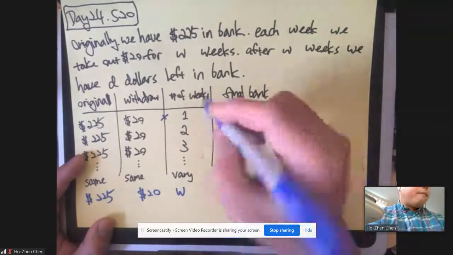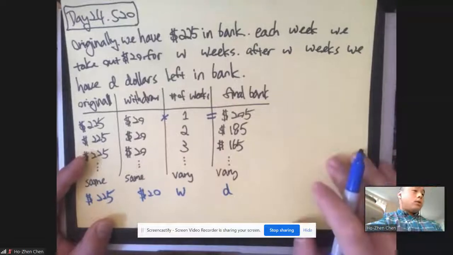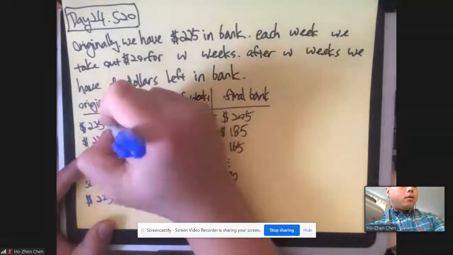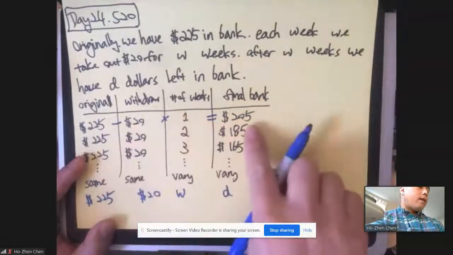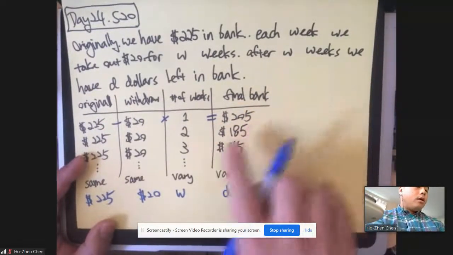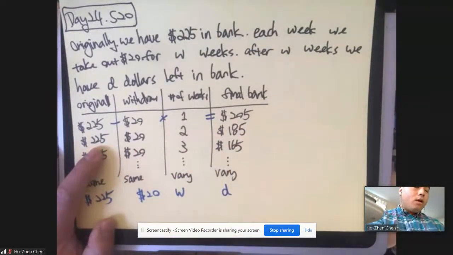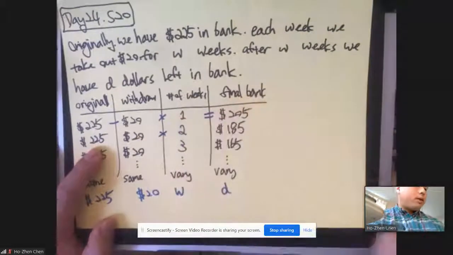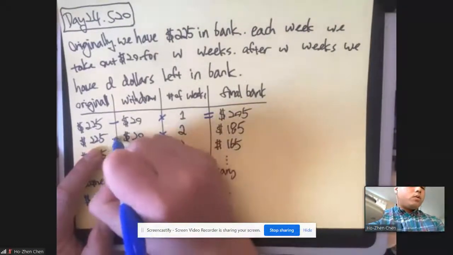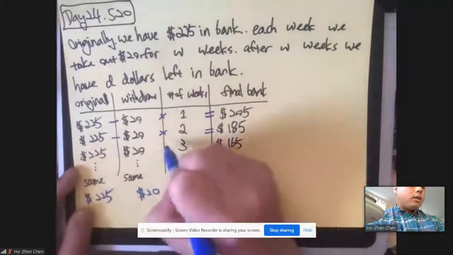To get to 205, which is the question we're asking, you subtract 20 from 225, arriving at 205. The same thing: from the start, if we take 2 sets of 20 away from 225, we get 185. And the relationship continues.